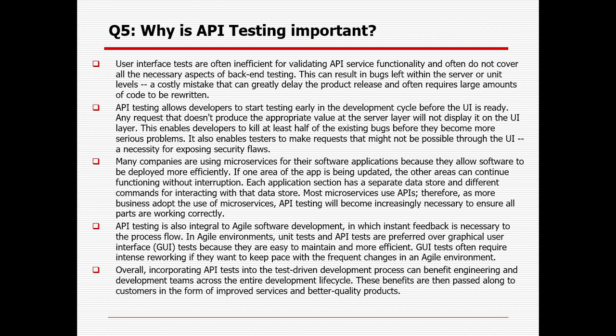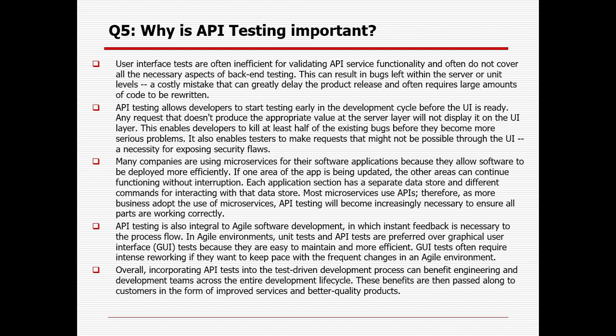API testing allows developers to start testing early in the development cycle before the UI is actually ready. Any request that does not produce the appropriate value at the server layer will not display it at the UI level. This enables developers to kill at least half of the existing bugs before they become more serious problems.